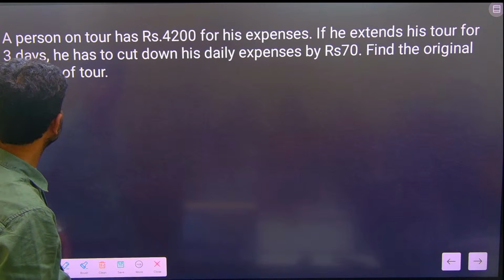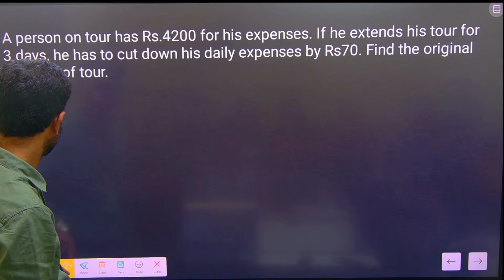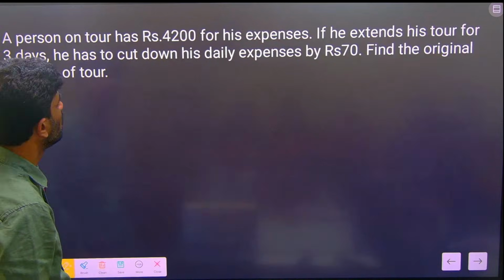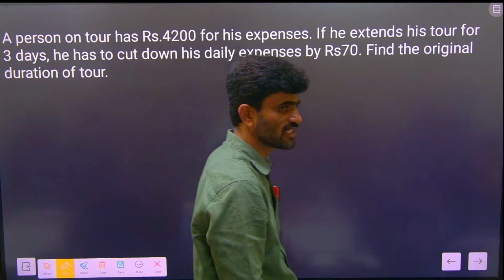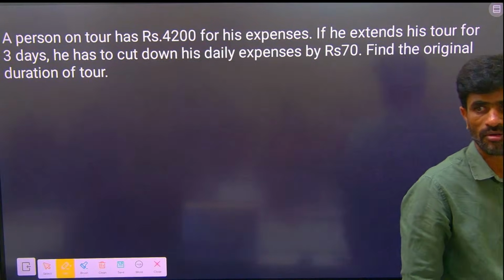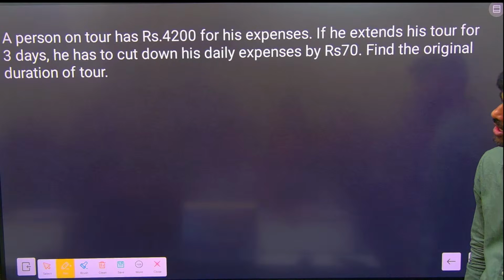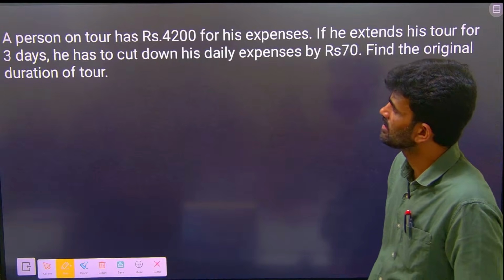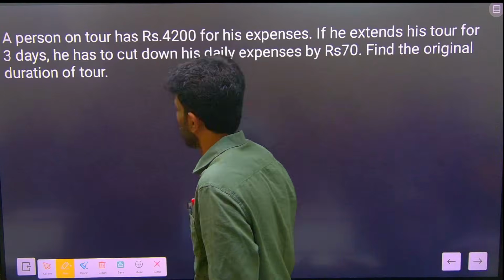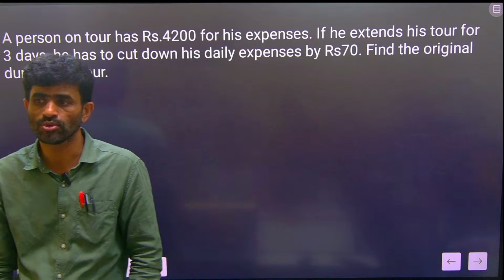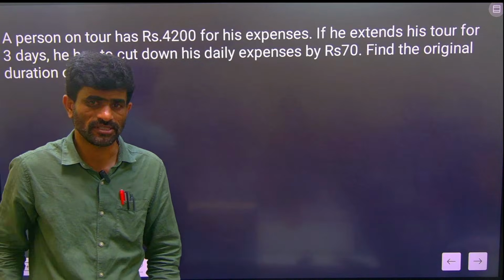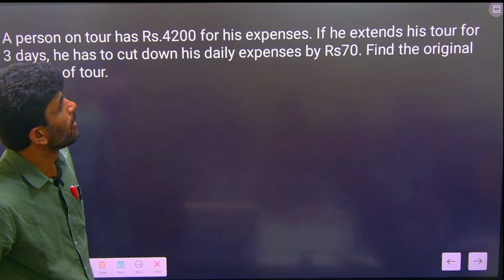This is another one. Here, this is about cost and expenditure. The person on tour has 4,200 rupees. He is having 4,200 rupees for his total expenses.